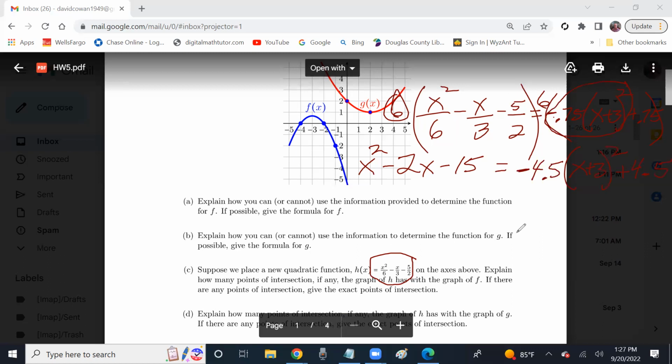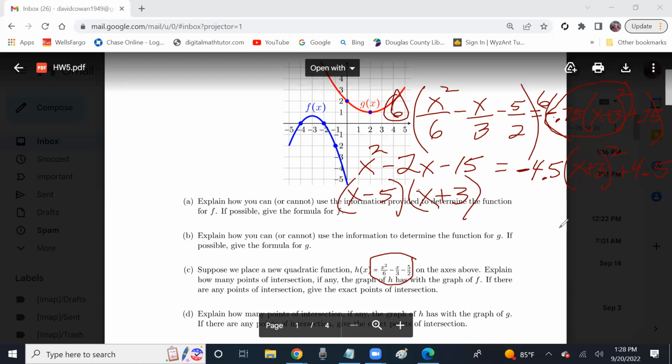And now I think we can factor this over here. Go ahead and factor it. It'd be x minus 5, x plus 3. And that's actually quite helpful because we have an x plus 3 over here. That's not that helpful now that I think about it.